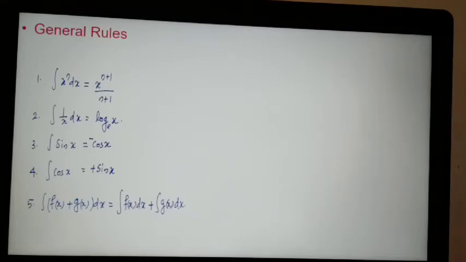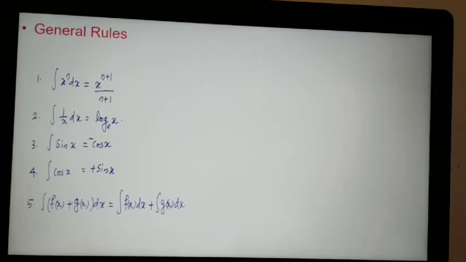And one more general rule that is very common, which we have already used in differentiation also: the differential of a constant multiplied by a function. There, you take that constant outside the differential and have k into the differential of that function. Similarly in integration, the integral of k into f of x dx, where k is a constant, will be k into integral f of x dx.